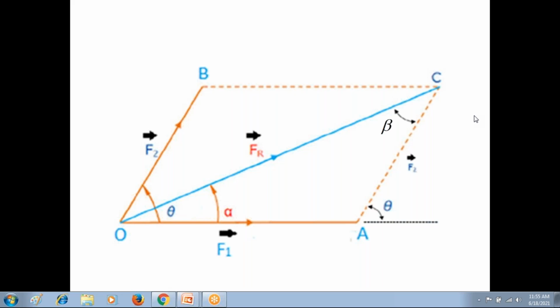It is entirely a graphical method, but we apply trigonometry on the parallelogram OABC. By applying trigonometry, we got equation 1, the resultant force magnitude; equation 2, the direction of the resultant force; and equation 3, the relationship between F1, F2 and Fr.